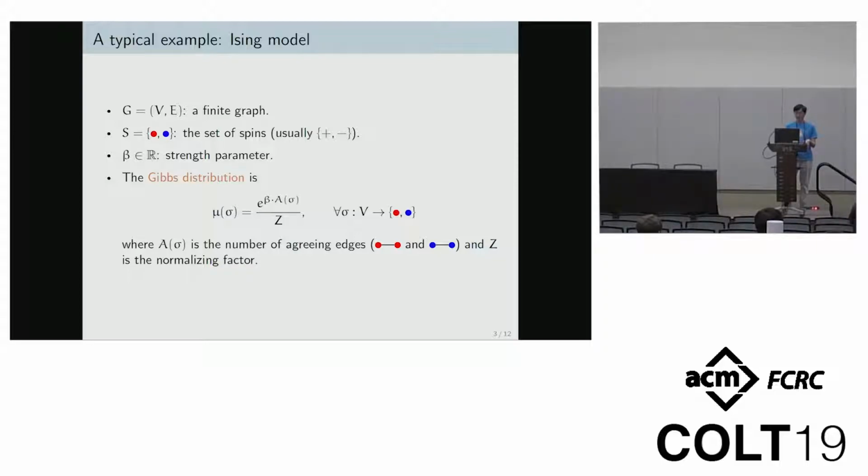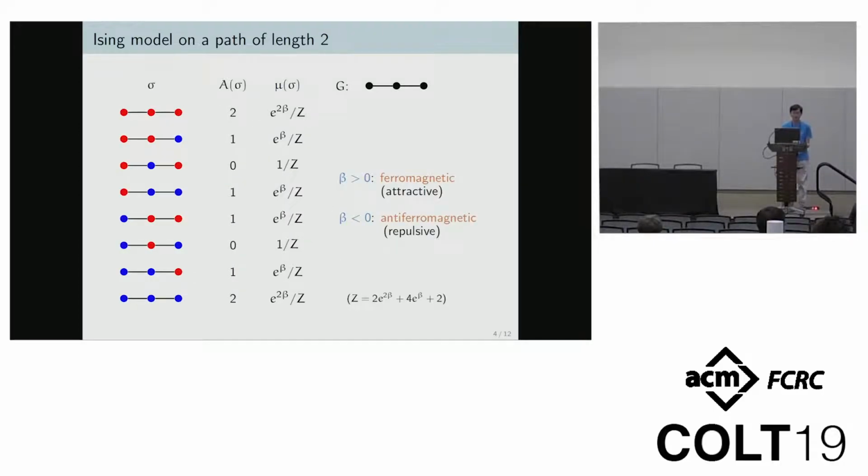Beta, the inverse temperature, is a parameter that controls the strength of interactions between the vertices. The Gibbs distribution of the Ising model is a distribution over all two-colorings of the graph, and for every configuration, its probability is proportional to exponential of beta times the number of monochromatic edges.